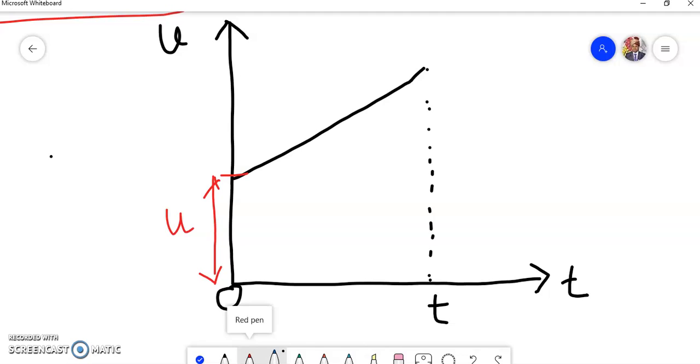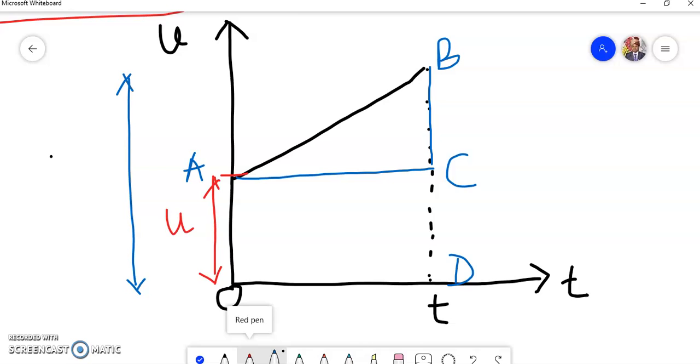Now we will mark certain areas. We will join this, and let this be O. This is A. This is B. This is C, and lastly it is D. Let us join by a bold line so that we don't get confused, because we are using different ink. You see that this will be your final velocity.